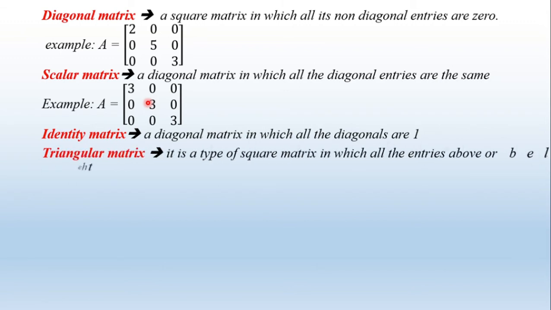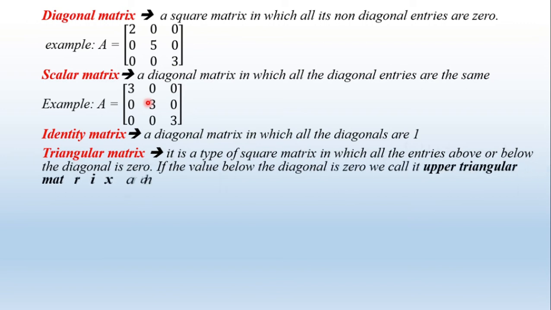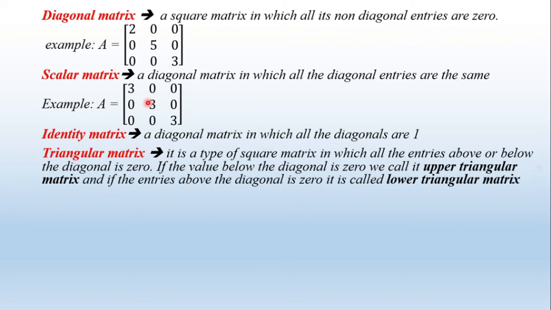Next, triangular matrix. This is a type of square matrix in which all the entries above or below the diagonal are 0.